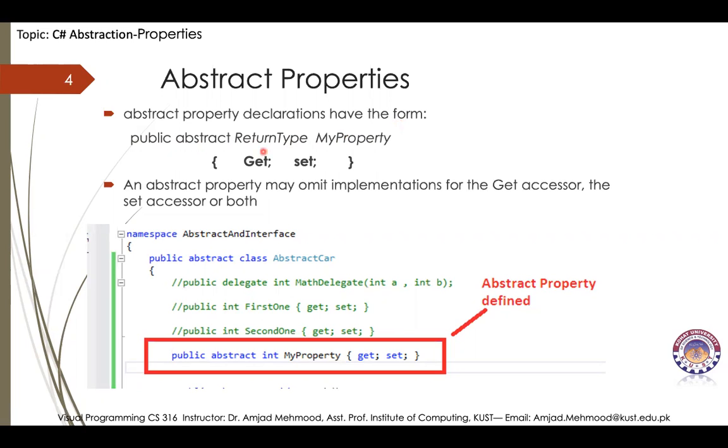Okay, so here you see that we have get and set. As they are abstract, you need not define them here. As this is the abstraction of the property, the class which derives or extends this abstract property will provide the definition of this property.